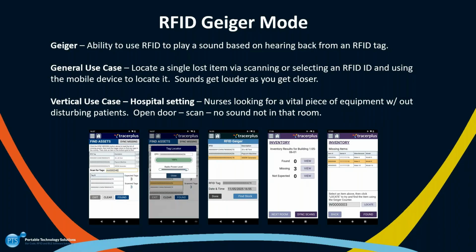But if you did see the need to use a non-RFID device, it could be a Zebra TC series or something like that that doesn't have RFID, or even an Android phone or iOS device, you could get an RFID sled that supports Bluetooth, such as Zebra's RFD40, their RFD90.